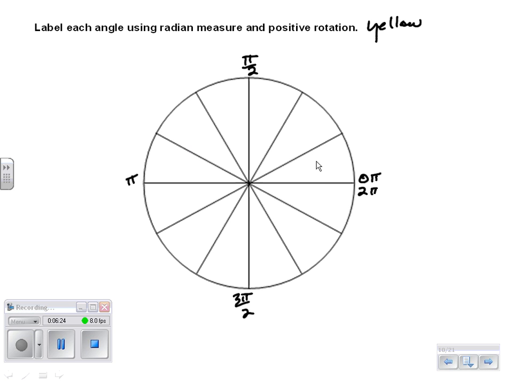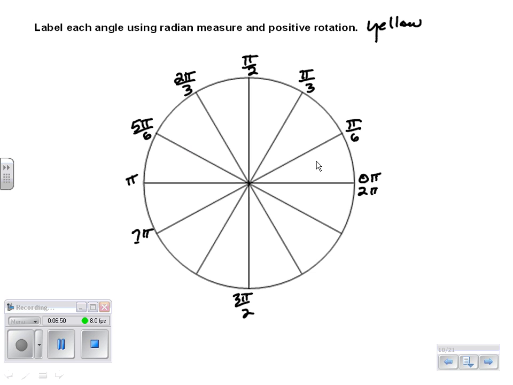So 1 divided by 6 is 1/6, pi over 6. 2 pi over 6 reduces to pi over 3. 3 pi over 6 reduces to 1 pi over 2. 4 pi over 6 is 2 pi over 3. Then we have 5 pi over 6. 6 pi over 6 is 1.